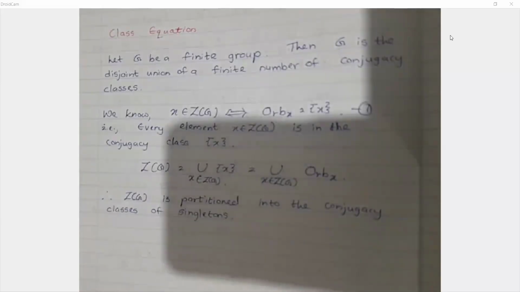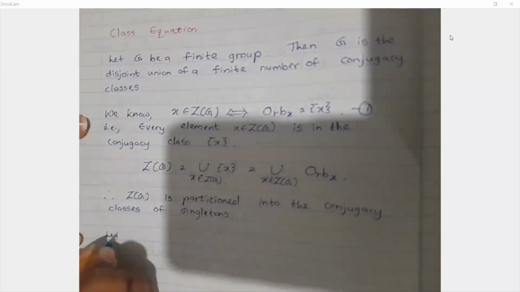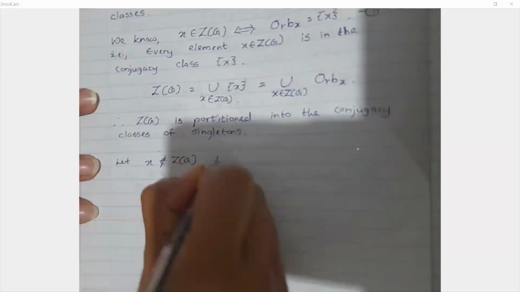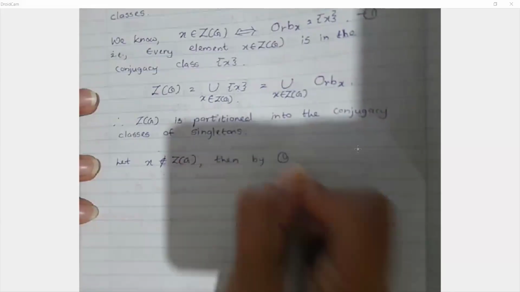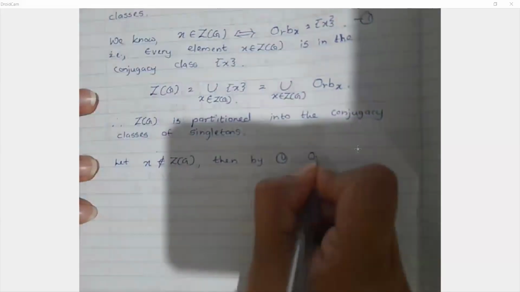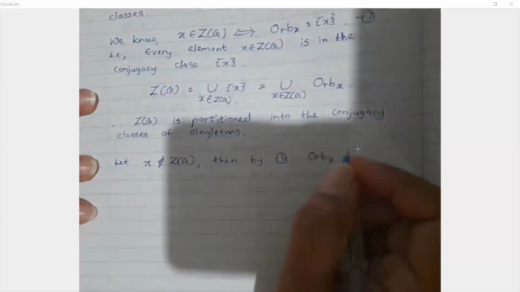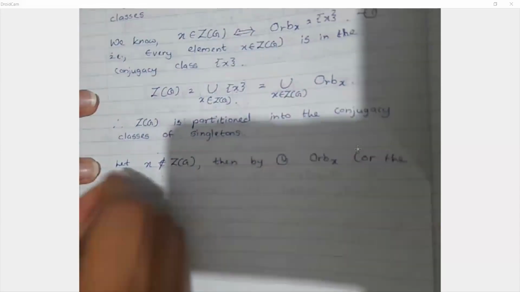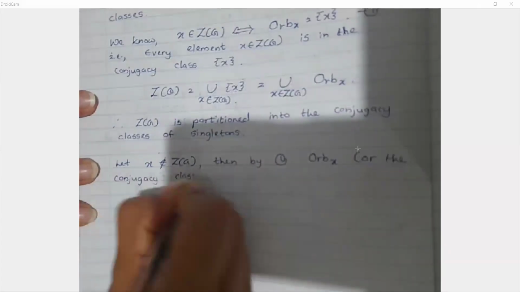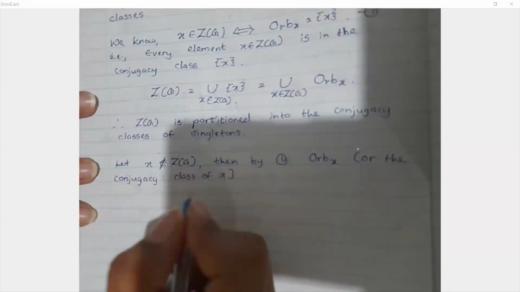So let me put it this way: let X not be in Z of G, then by 1, we know that the orbit of X, or we can simply say the conjugacy class of X, contains more than one element.